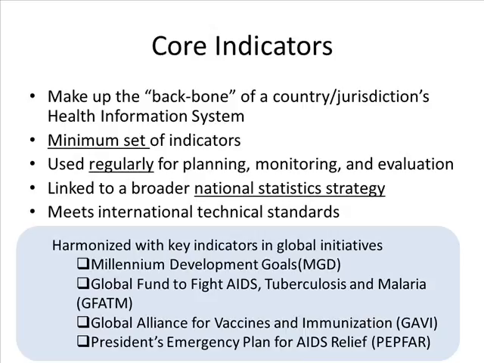Core indicators meet international technical standards. They are harmonized with key indicators and global initiatives: Millennium Development Goals (MDG), Global Fund to Fight AIDS, Tuberculosis and Malaria (GFATM), Global Alliance for Vaccines and Immunization (Gavi), President's Emergency Plan for AIDS Relief (PEPFAR).